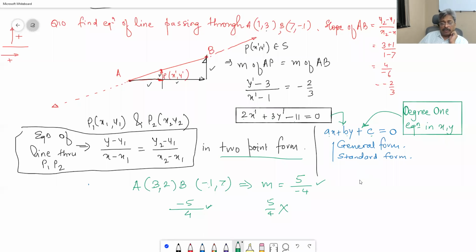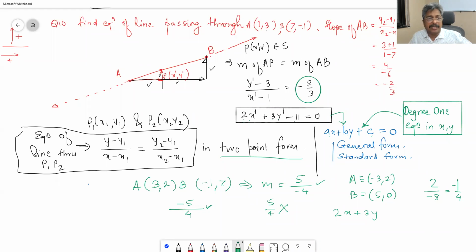So what is the slope of line AB if A is minus 3, 2 and B is 5, 0? 2 minus 0 is 2, minus 3 minus 5 is minus 8, slope is minus 1 by 4. In this problem, if the slope was minus 2 by 3, I got x and y looking like 2x plus 3y.